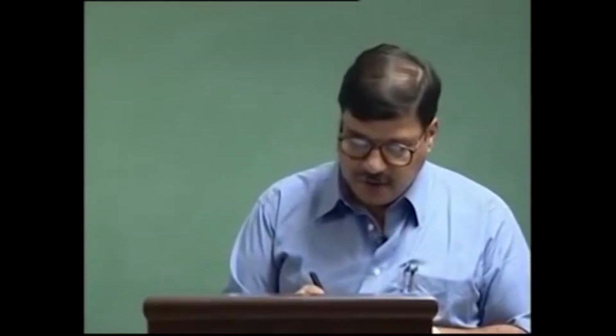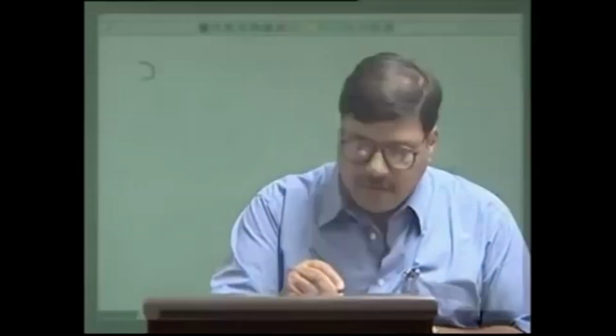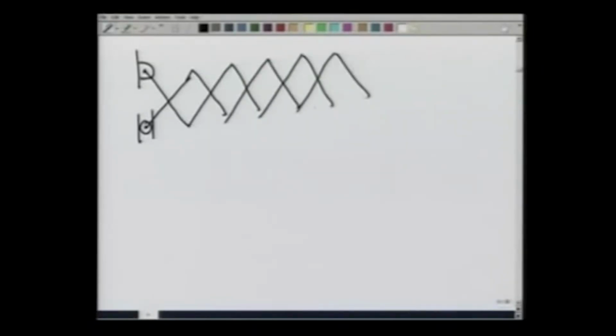Not only that, if I were to solve the same problem about the same mechanism but make it slightly more complicated, in that now I have several of these links, and I apply a force here.